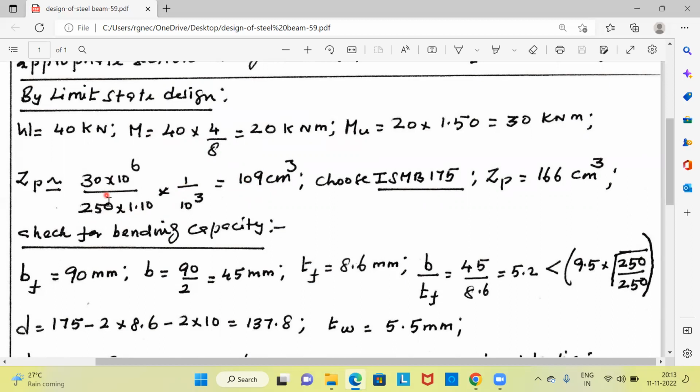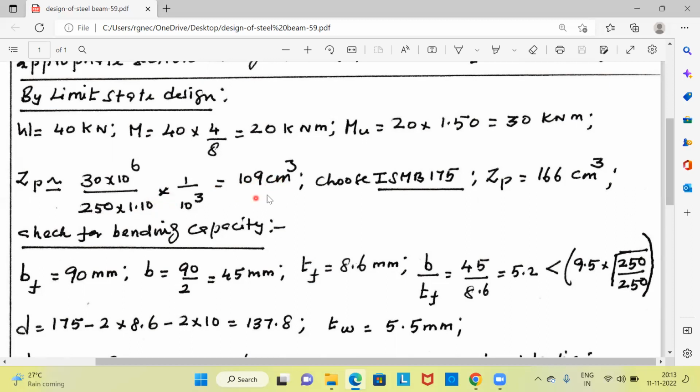This is M divided by Fy. Fy should be reduced by 1.1. It should not be increased by 1.1. That is the material safety factor. You have to divide 250 by 1.1, so it will appear in the numerator. That is a mistake. This plastic modulus of section will be in the range of 125 centimeter cube.